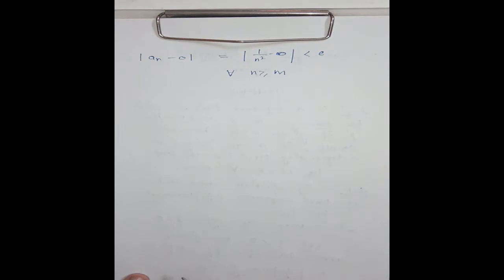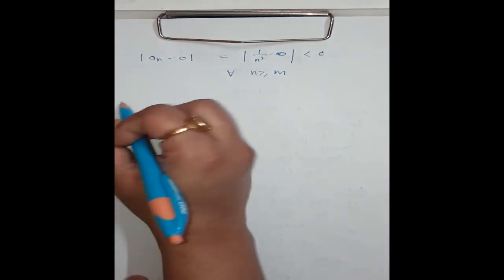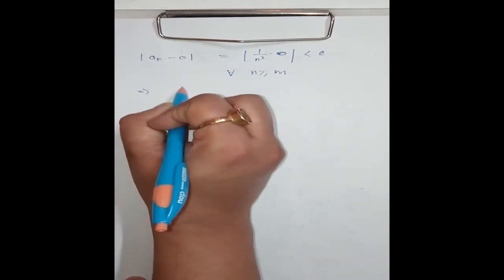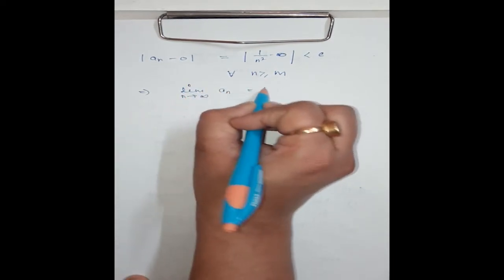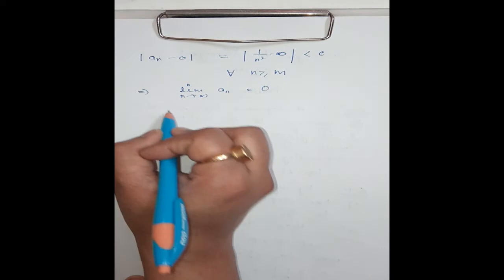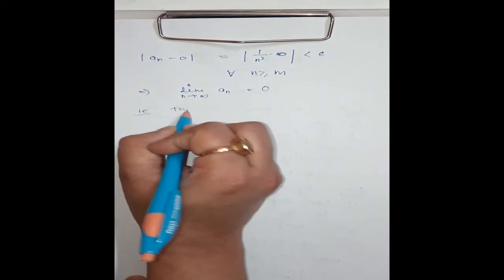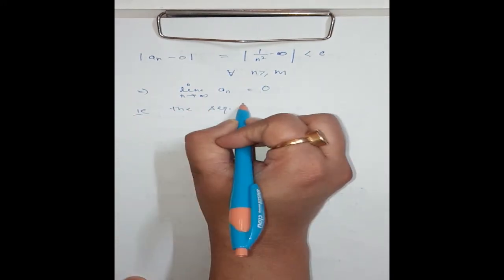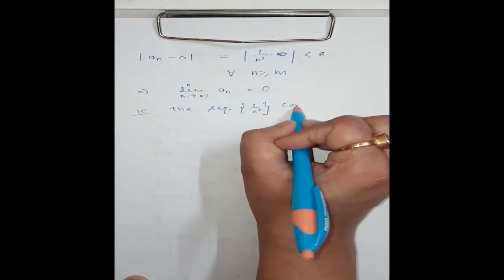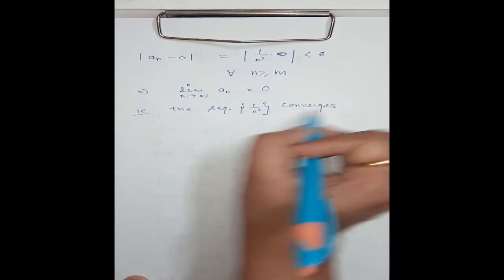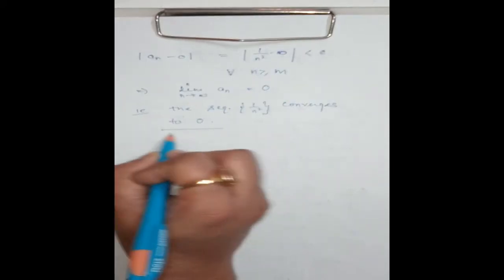This will imply the limit as n tends to infinity of a_n is equal to 0. That is, the sequence 1/n^2 converges to 0. Hence proved: the sequence 1/n^2 converges to 0.